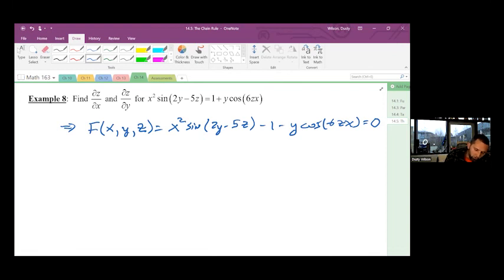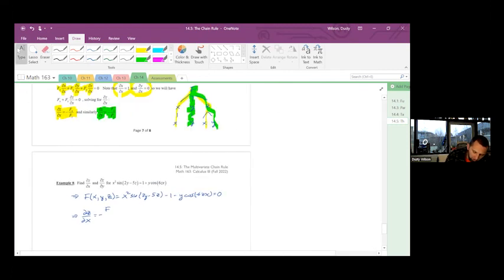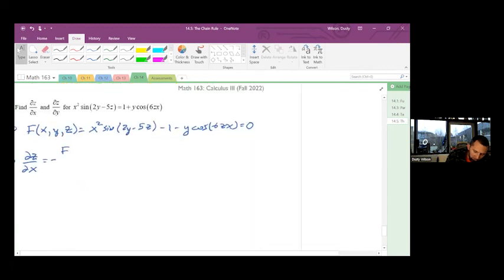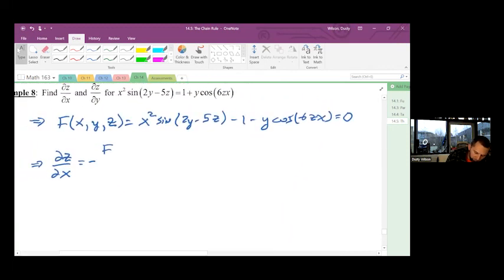And so if we want to find the partial of z with respect to x, we're going to have minus big Fx divided by big Fz, not y, z.